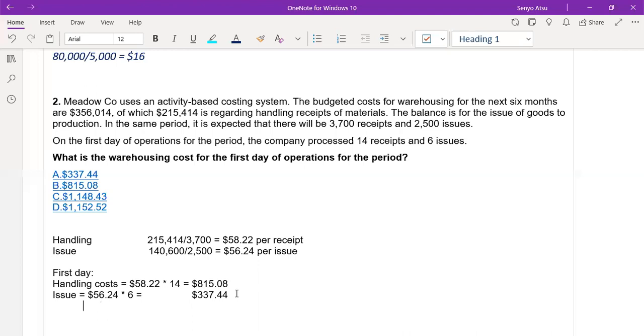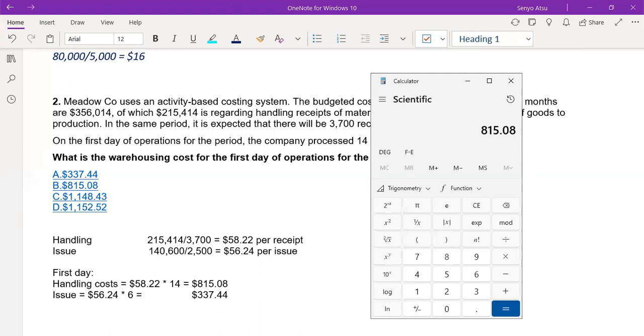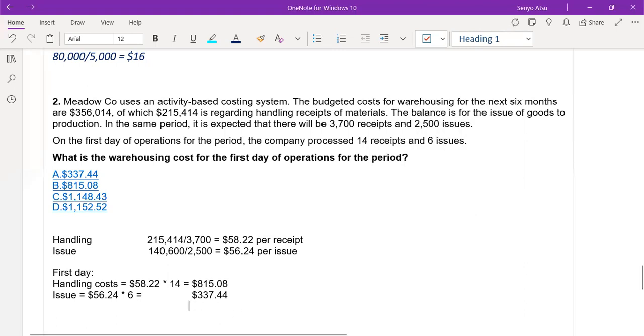So you add them up: $1152.52. That's option D.